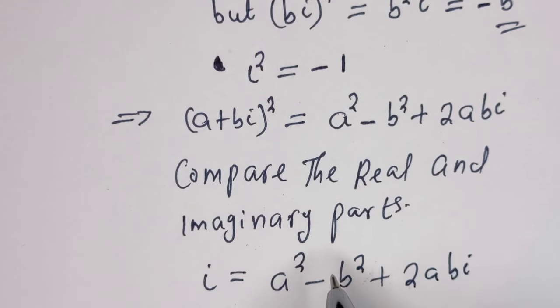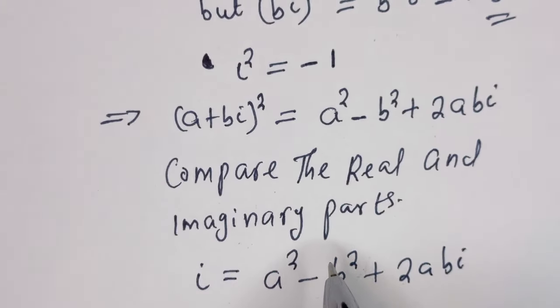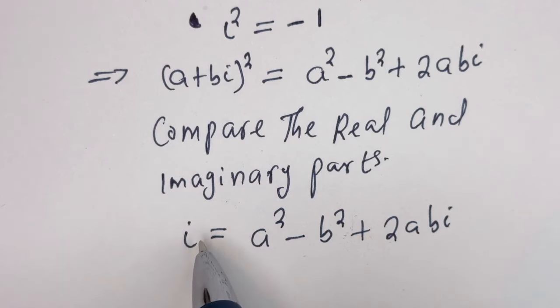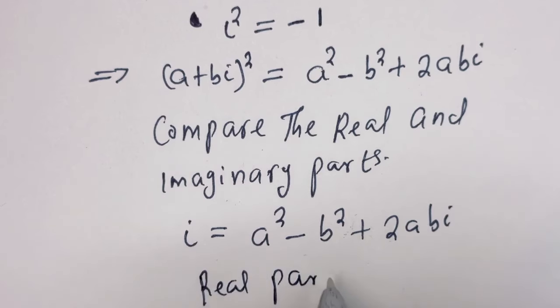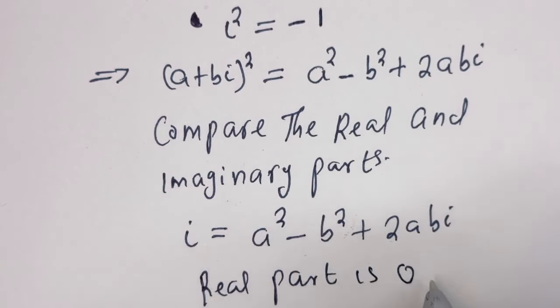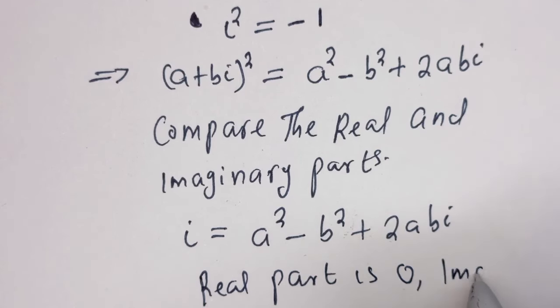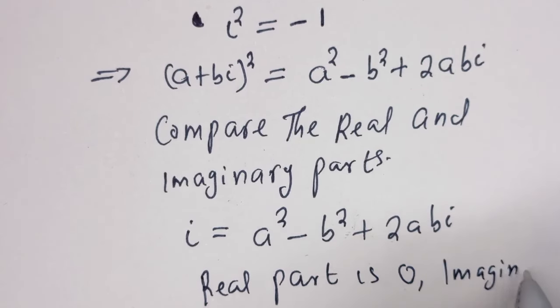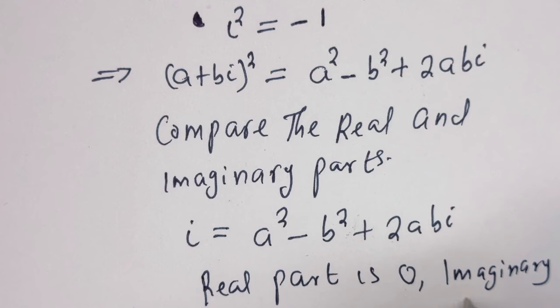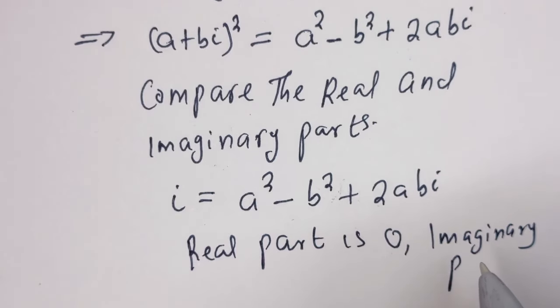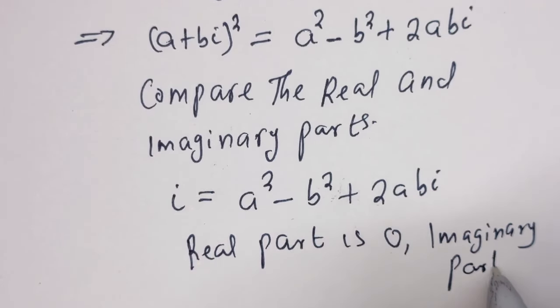Then in order to compare the real and imaginary parts, we know that i is purely imaginary, which means that the real part is 0 and then the imaginary part is 1.